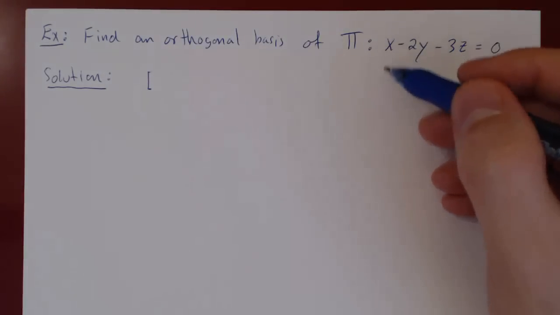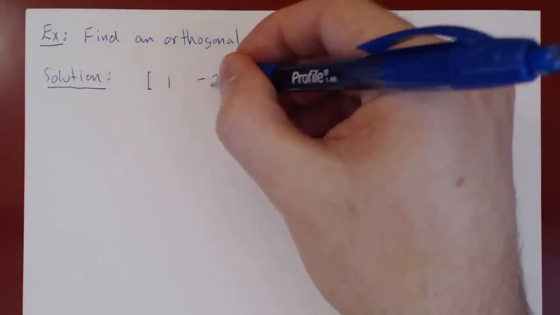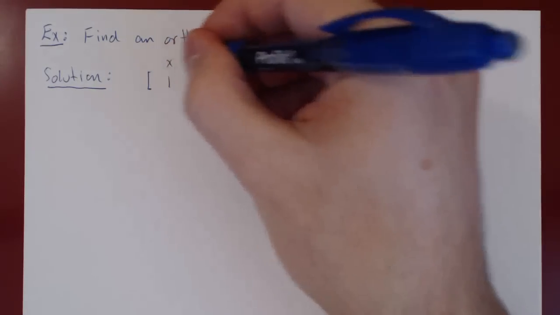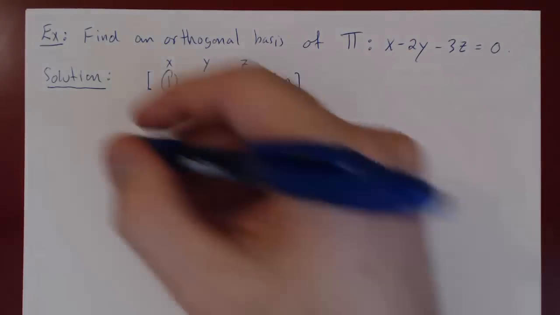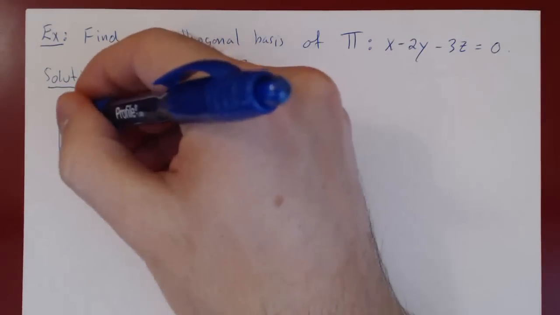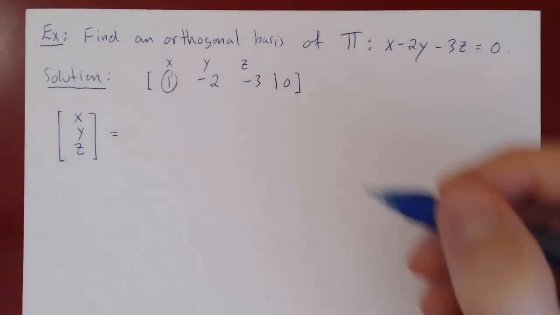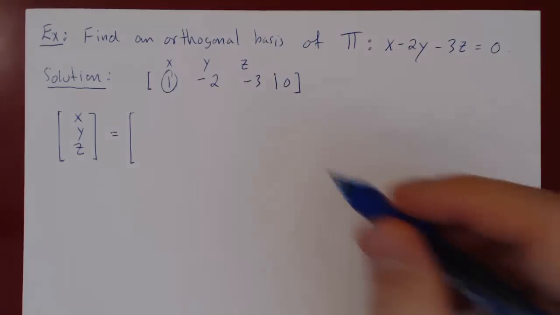Again, I've picked a multiple of x to be 1 so that we already have a reduced echelon form of the matrix. So the points on the plane x, y, z, or again the vectors, same thing, points are vectors, vectors are points.